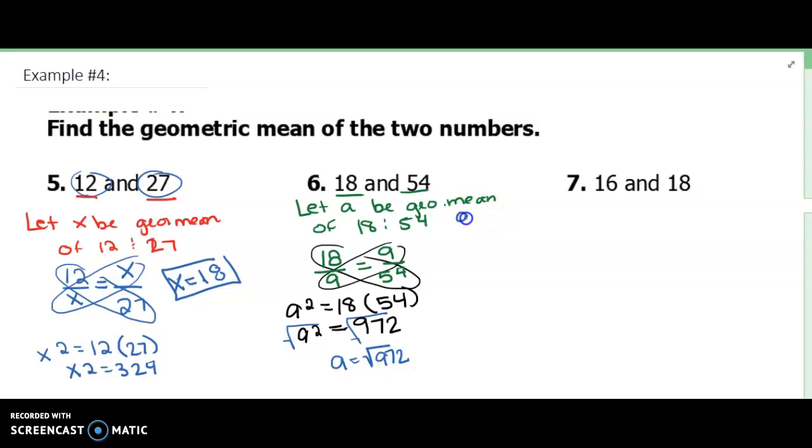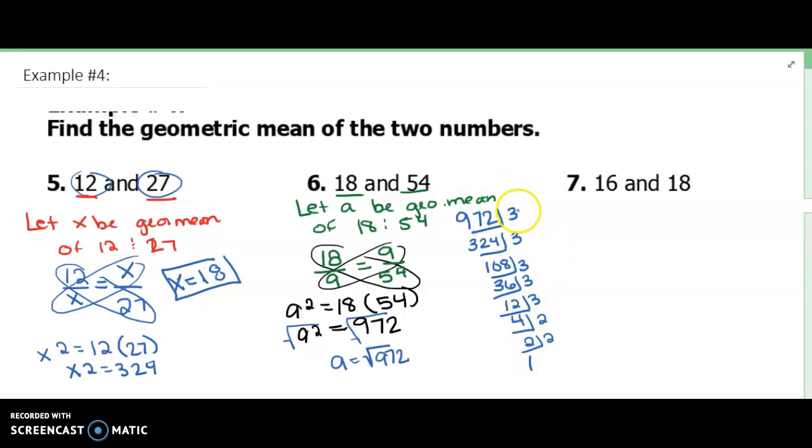So let's break 972 down. 3 goes into that 324 times. 3 goes into that 108 times. 3 goes into that 36 times. 3 goes into that 12 times. 3 goes into 12 4 times. 2 goes into 4 twice. 2 goes into 2 once.